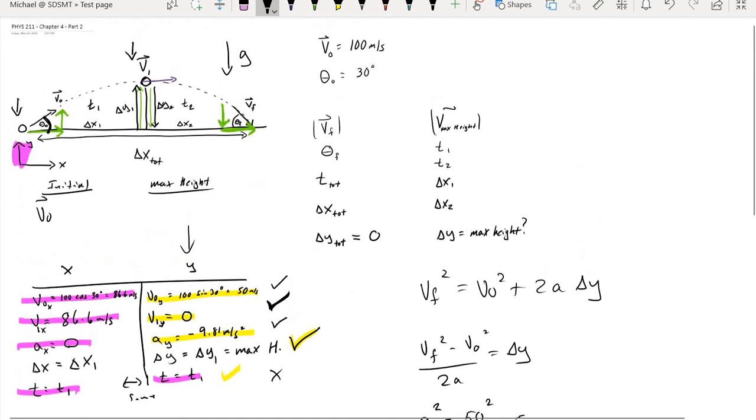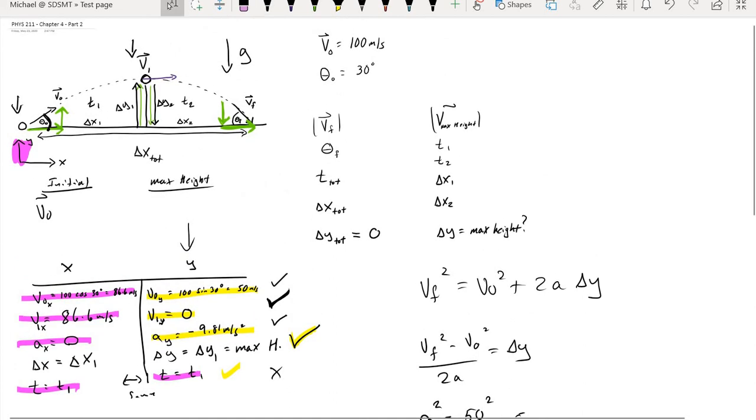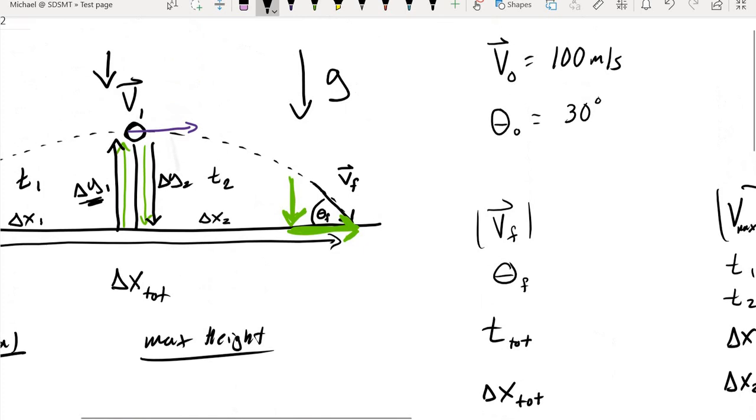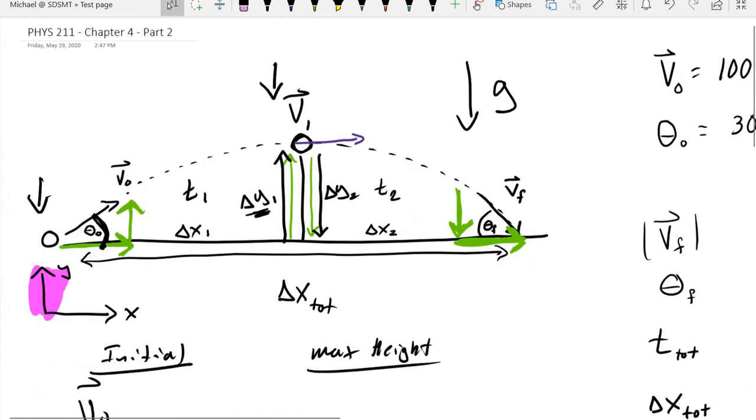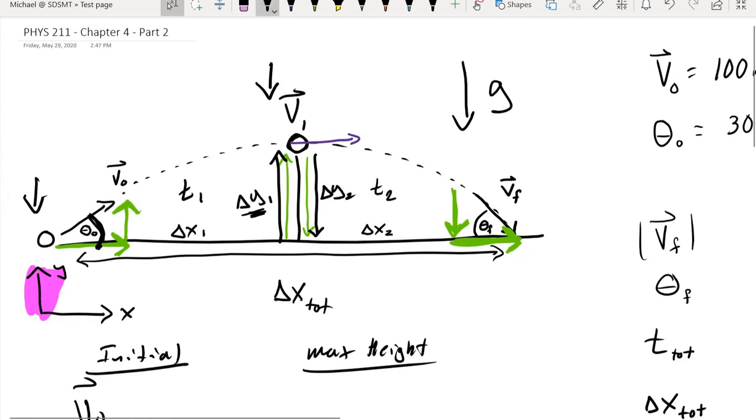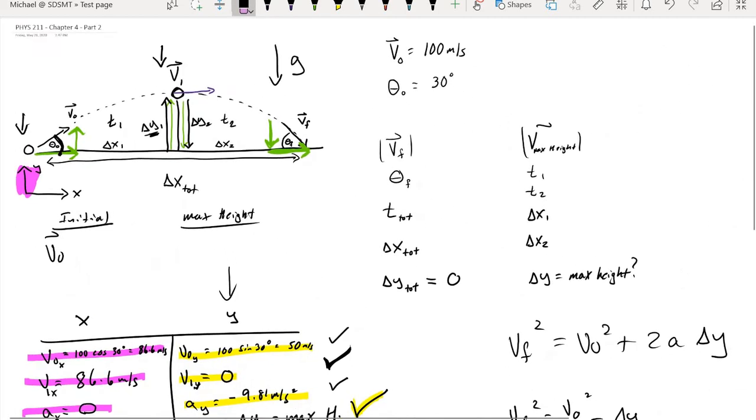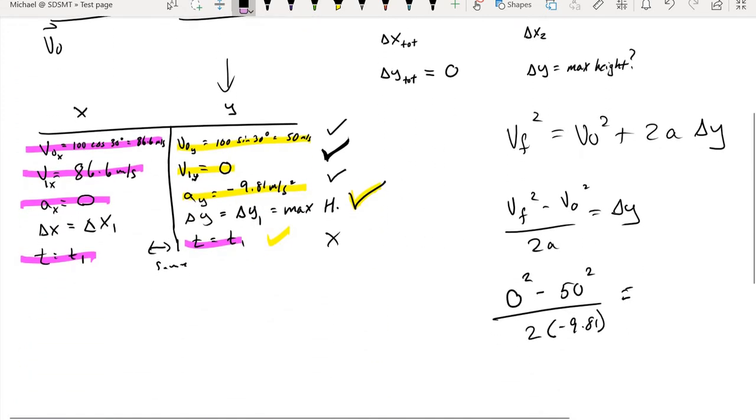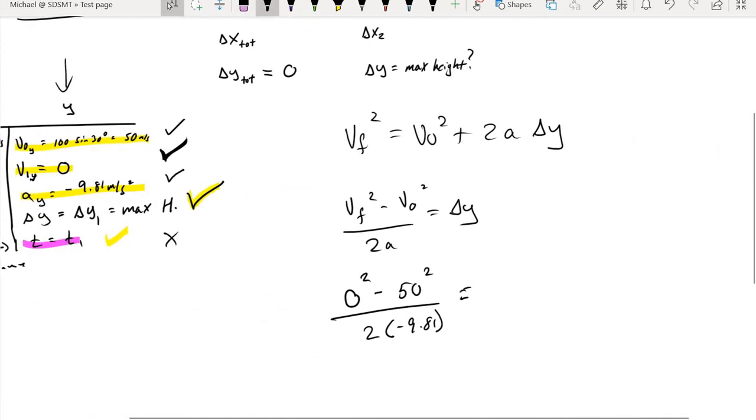The displacement of this cannonball, or whatever it is, delta y1, has to be pointing up, and up is the positive direction for this system, so the math should also reflect that. We should be getting a positive answer.